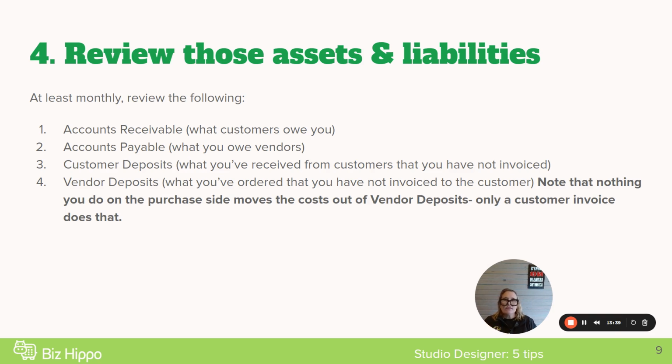So you can have expenses sitting in vendor deposits that will never move to the income statement until you invoice that item. By reviewing these 4 accounts each month, you will start to get a feel for where your workflow's falling apart. It'll keep you from overstating your assets or liabilities, and it's just good practice for making sure that your income statement is really reflecting what's happening.